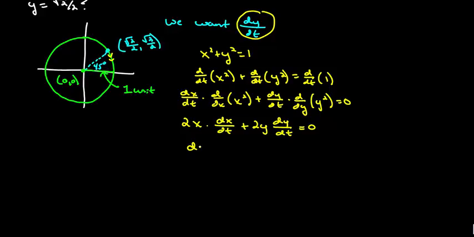That gives me dy/dt is equal to negative 2x dx/dt over 2y, which is equal to negative x dx/dt over y.